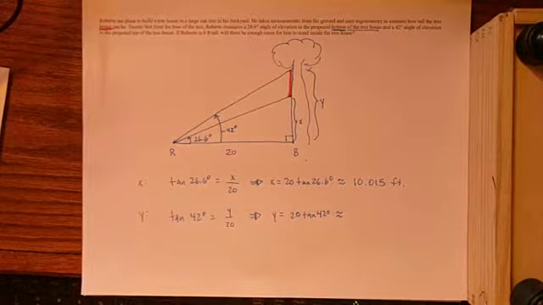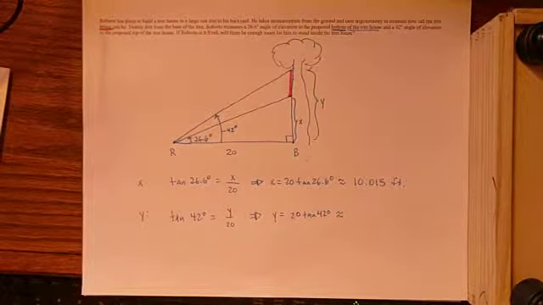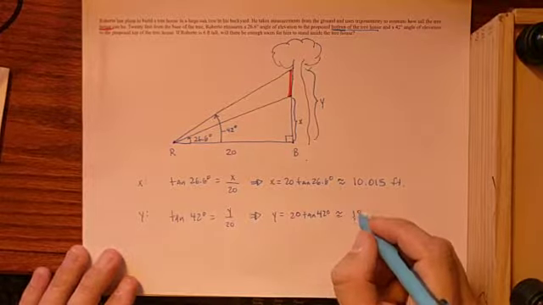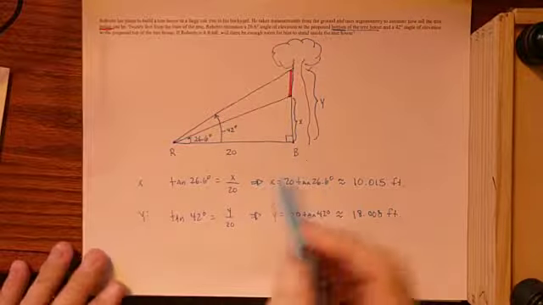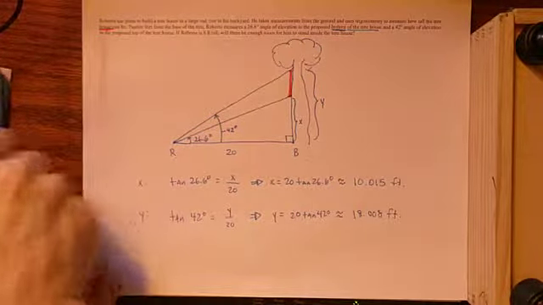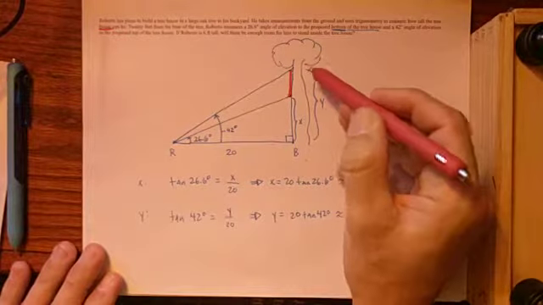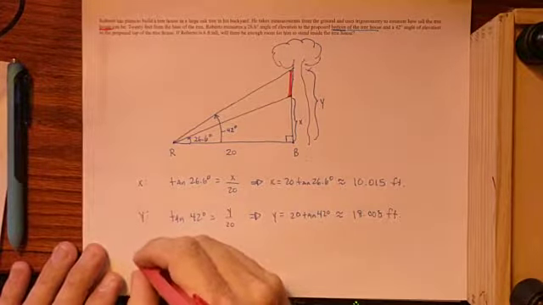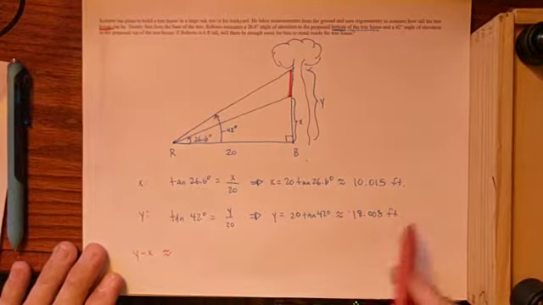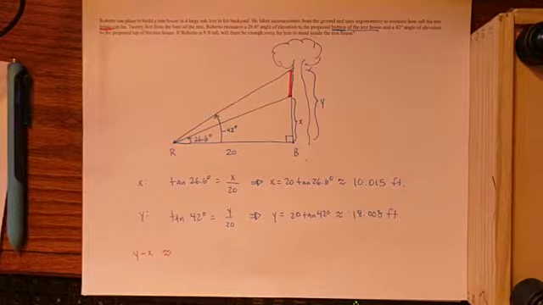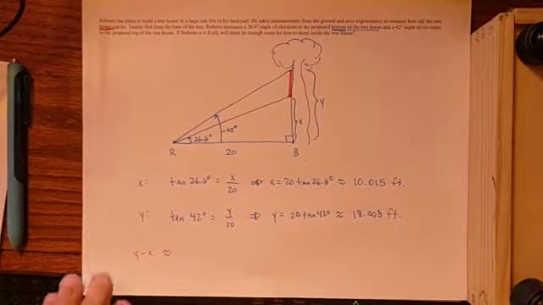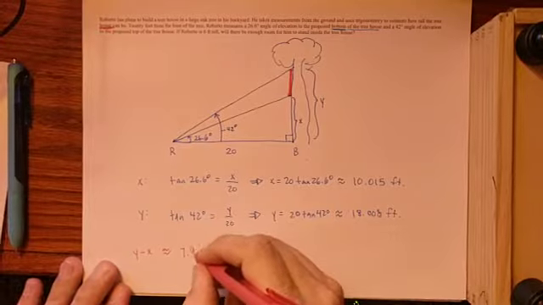Okay, so going back to my calculator, I'm going to figure out what that is, and that's 18.008 feet. And the height of the treehouse is the difference in these two things, the big length minus the smaller one. So Y minus X is 18.008 minus 10.015, which is almost 8 feet.